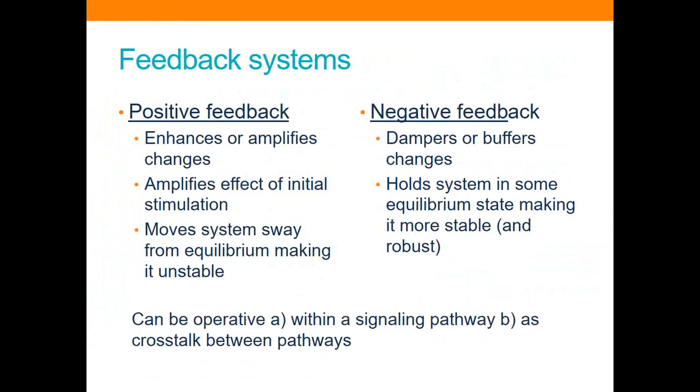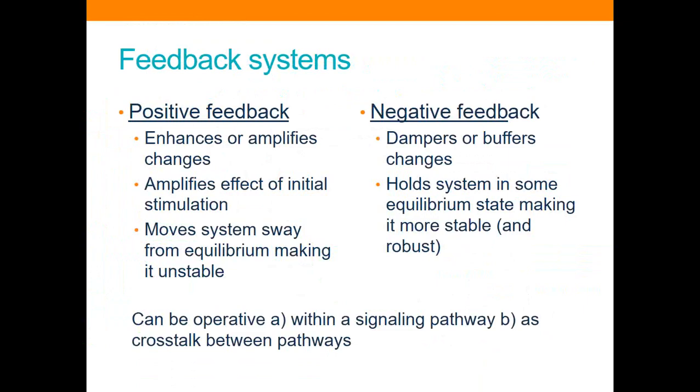That results, of course, I guess this is redundant, in an amplification of the initial stimulation. And by doing this, the signaling system is no longer in equilibrium. It's becoming very unstable. All of a sudden it's overproducing. And that obviously can result in deleterious effects.